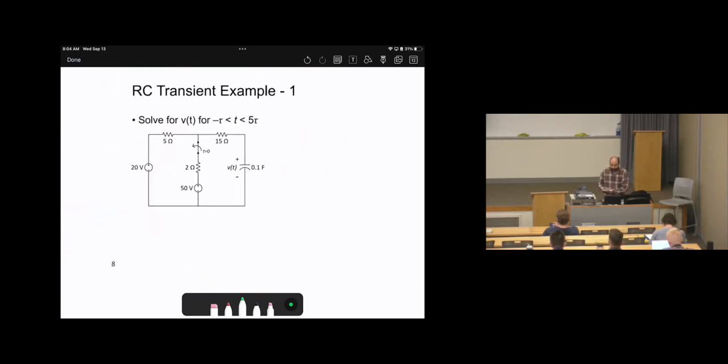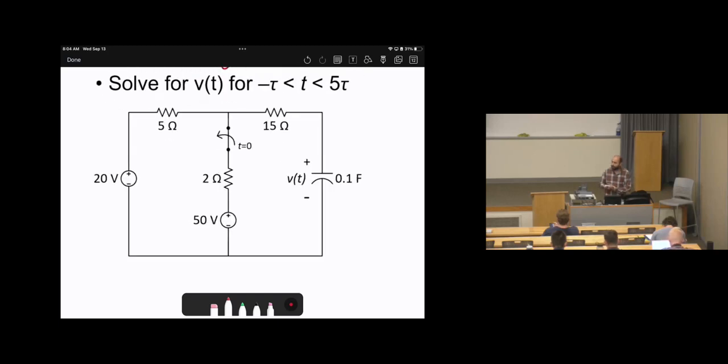Now, solve for V of t, and I can also add I of t in this circuit, on this diagram. Look at this one. Now, how can we recognize whether this is a transient circuit, which is in chapter 4, or a normal DC circuit like in chapter 3 or 2? How can we distinguish? It's very important to look for a switch.